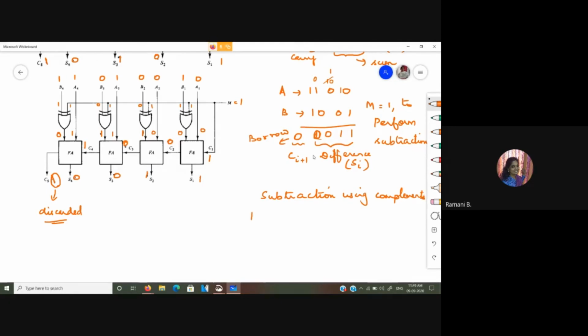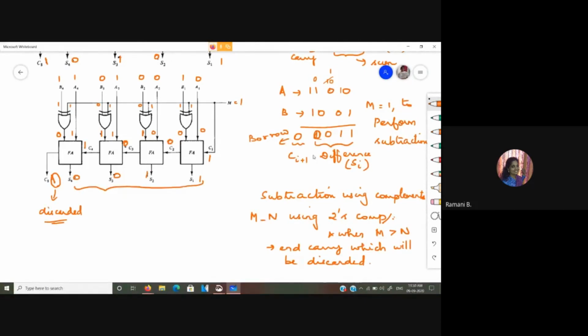When we perform M minus N using 2's complement, and when M is greater than N, you will have an end carry which will be discarded. Right? So that is what you are getting over here.